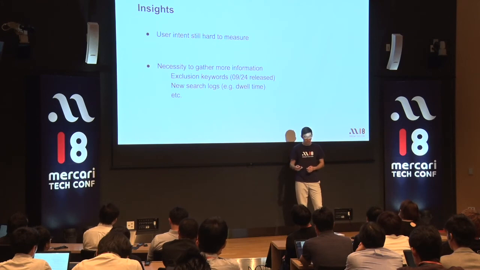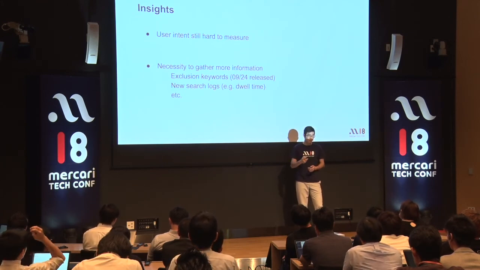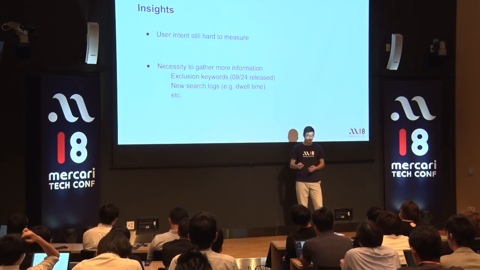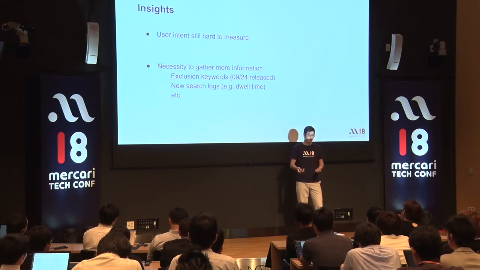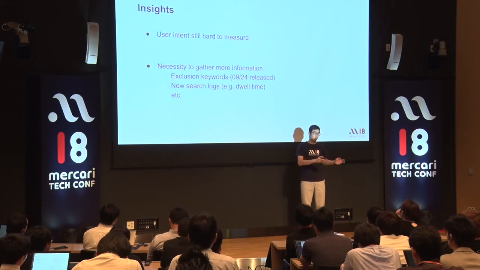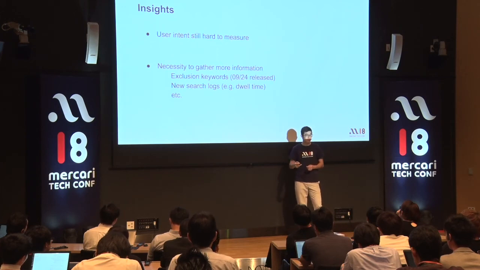To introduce some of the projects that we already started, one of them is exclusion keywords, which allows users to specify keywords that they want to exclude from the search result. By introducing this function, we can see which keyword has what kind of noise. And also we are introducing new search logs so that we can get a better understanding of user behaviors.